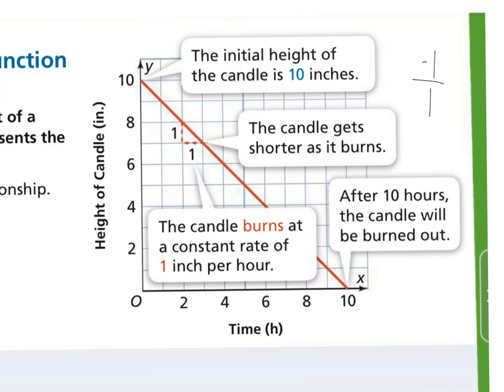And then the slope was negative 1. Look at your units. It's changing y over changing x. So what's the y dealing with here? Height of the candle, in inches. So down 1 inch. Caden, what's the x dealing with?